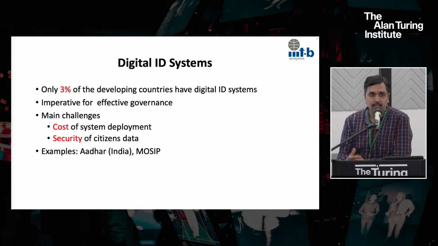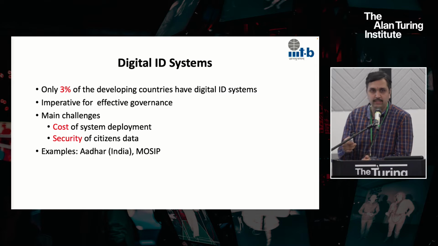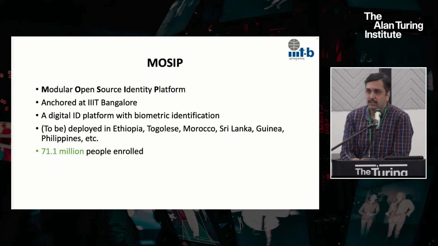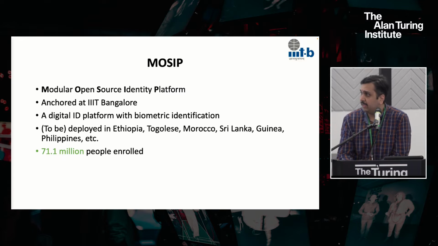Before that, there are challenges in deploying digital ID systems, namely the cost of setup and maintenance. What is more important is the security and privacy of the citizens' data. MOSIP is the Modular Open Source Identity Platform. It's anchored at my institute, and it's also partly funded by the Bill and Melinda Gates Foundation.